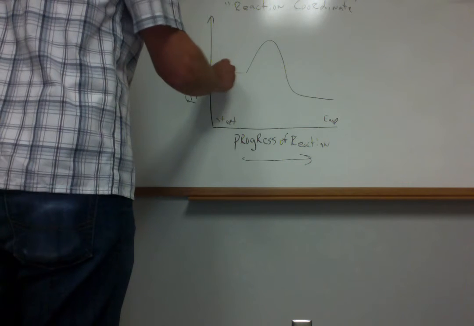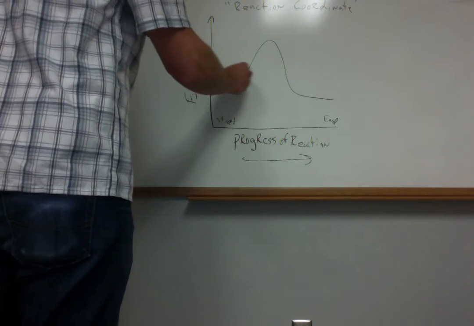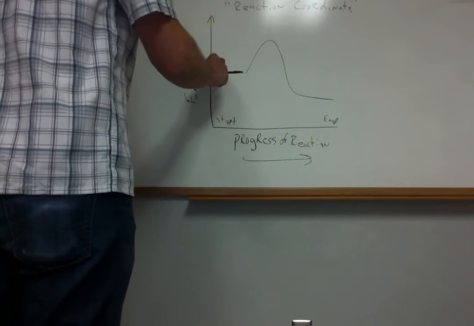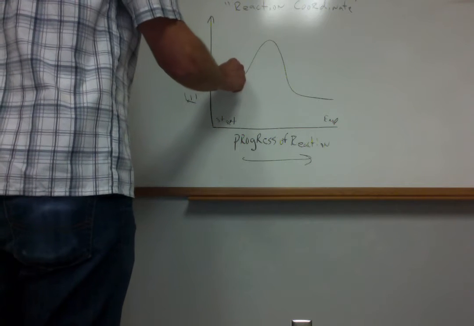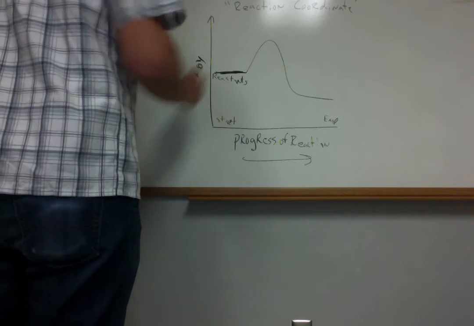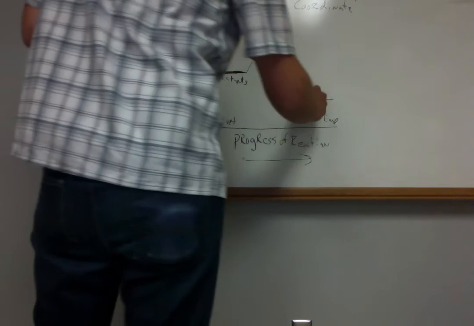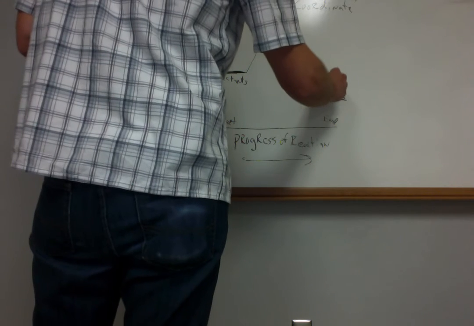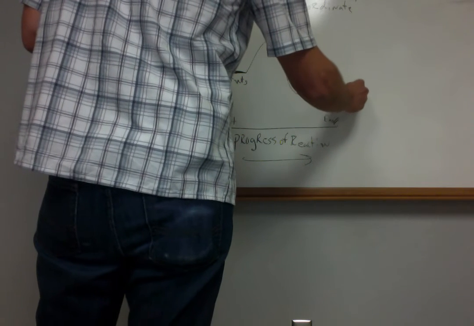So first off, this line right here is sort of the starting point of our diagram, and that corresponds to the reactants. It's always going to be the reactants here at this line. Likewise, over here, there's always a flat line. That corresponds to the reaction products.